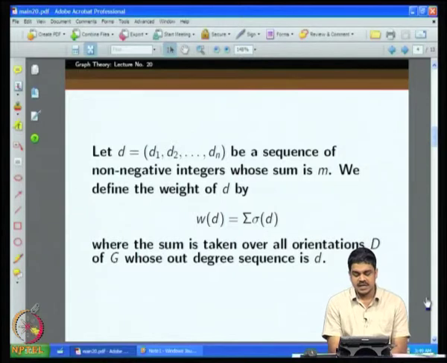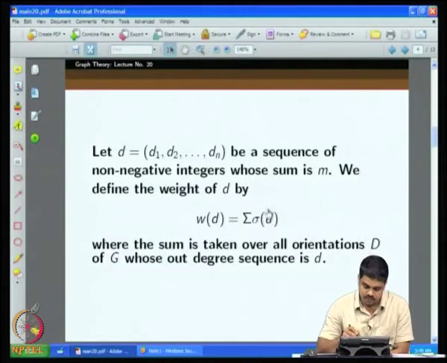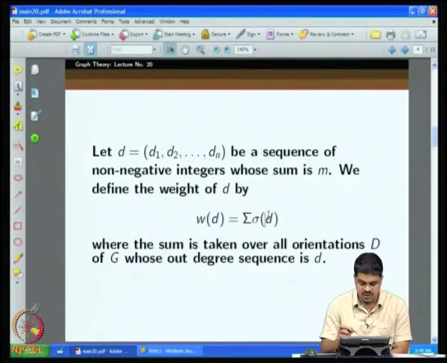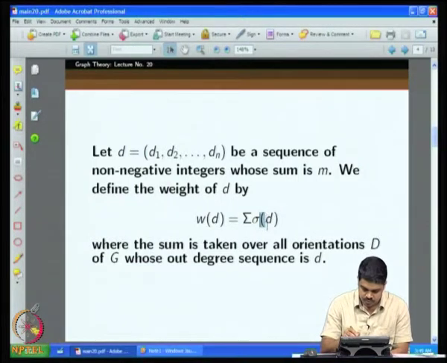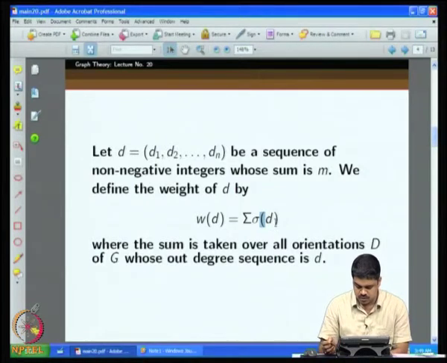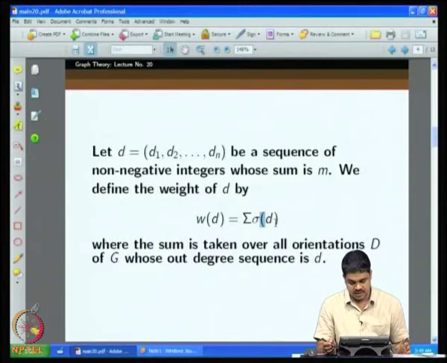This is the sign of the degree sequence. That particular out degree sequence has this sign W of D equal to the sum of the signs of the orientations with that particular degree sequence.